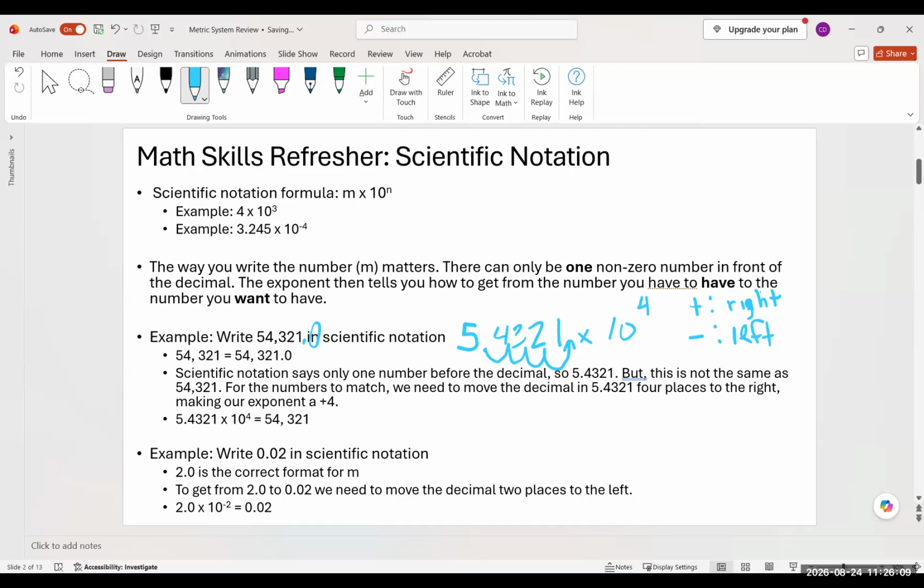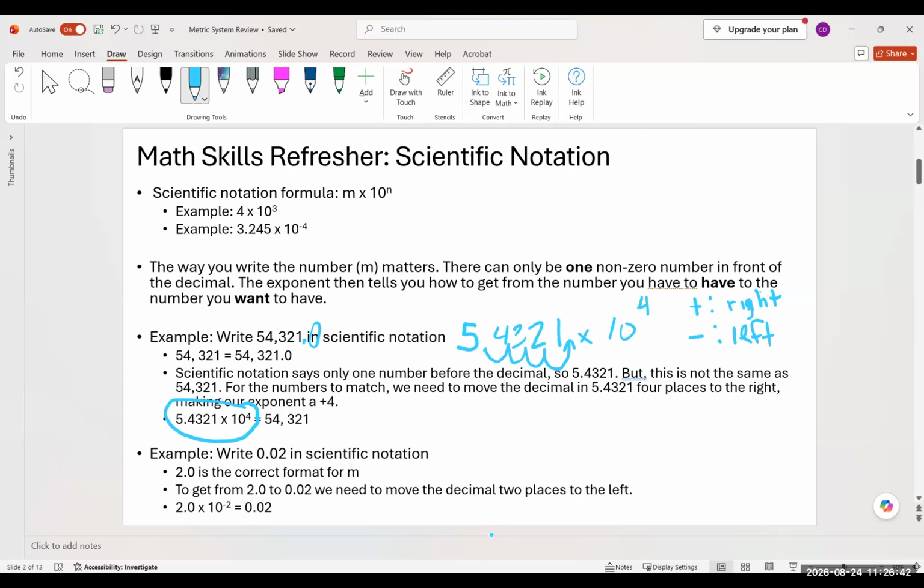So because it started here after the 5 and we moved it 1, 2, 3, 4 places to the right to get it behind the 1, which is where it wanted to be, our exponent remains positive. So you can see right down here is the answer. Your exponent is always going to be positive if the number is large, above 1. And 54,321 is a big number, so our exponent needs to be positive.